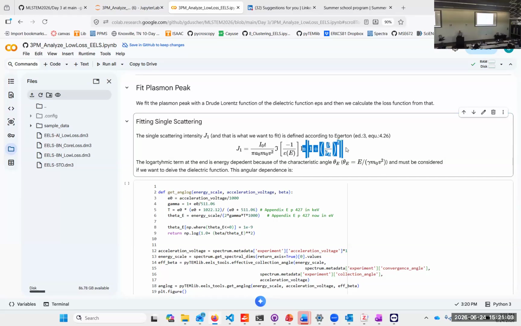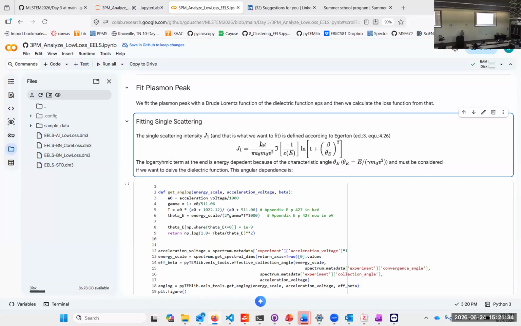So now we are using the different energy angular dependence. So we have a logarithm, and it's dependent on this characteristic angle for each energy. This is an energy dependent part. So this logarithmic part is taken into account, and we have a constant that is dependent on various constants and intensity.